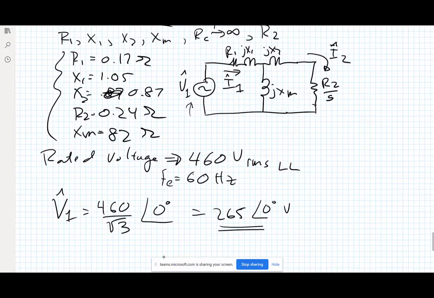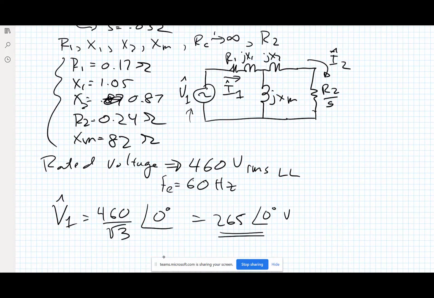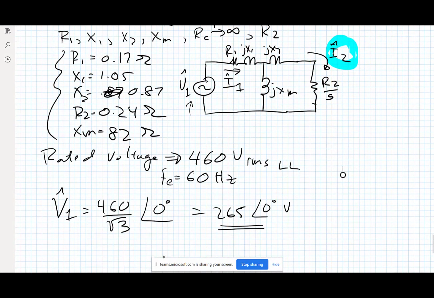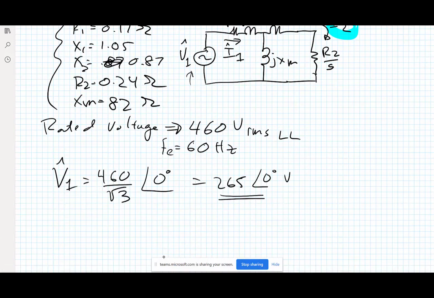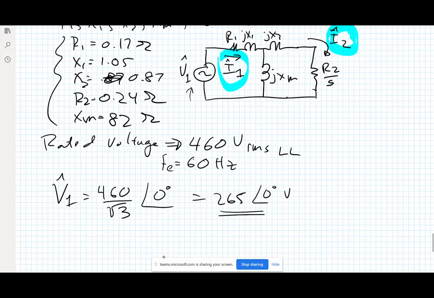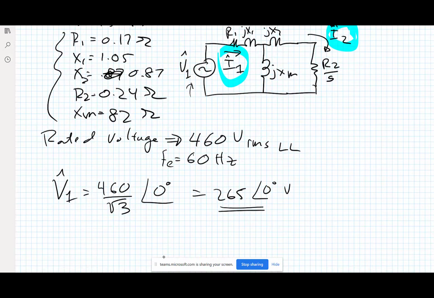Now, to find the torque I have to find this current. I'm going to first find this current, and then do a current division. There's this impedance right here, in parallel with this one here.